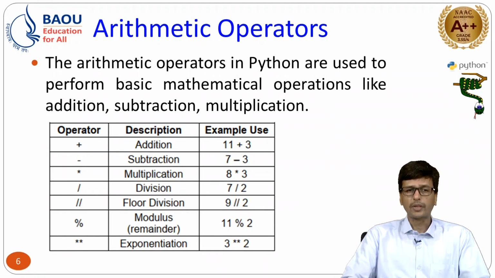Then division: normally this is float division, so whenever you do any kind of division, the result is in floating point. Then floor division: there is a difference between simple division and floor division. In division you get the decimal digits, but if you use floor division, it will discard whatever digits are after the decimal point. That is the basic difference.